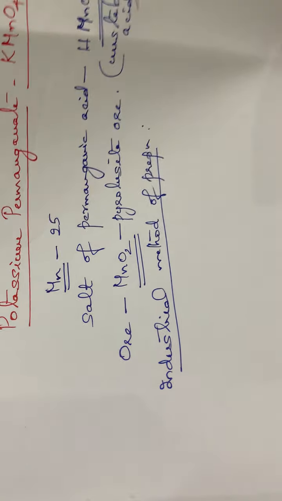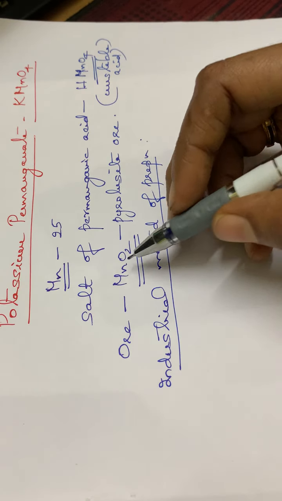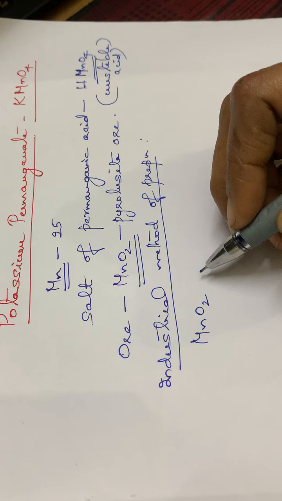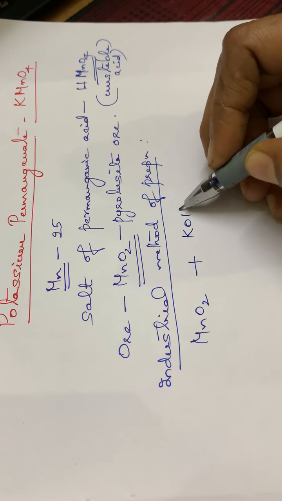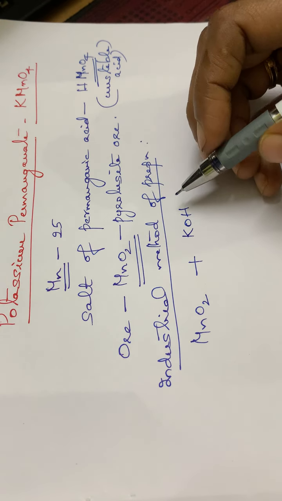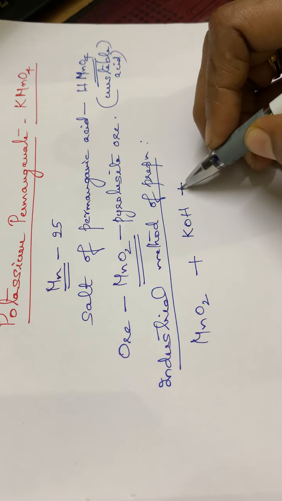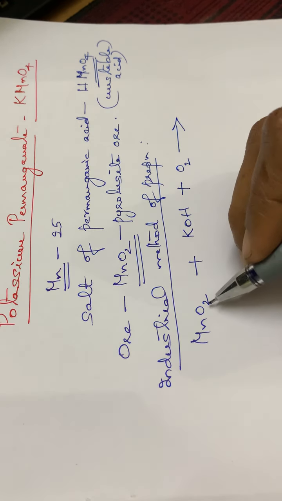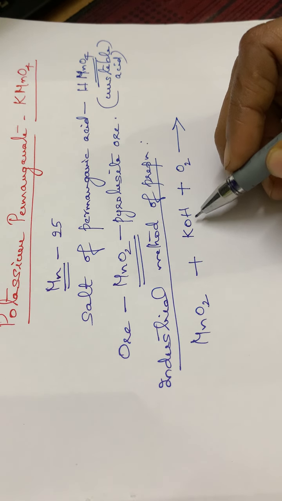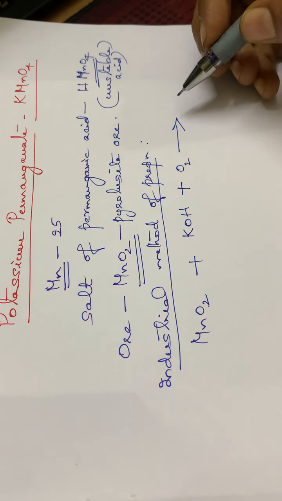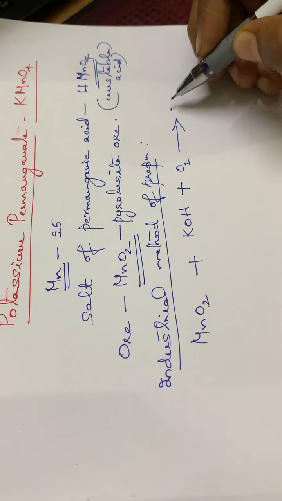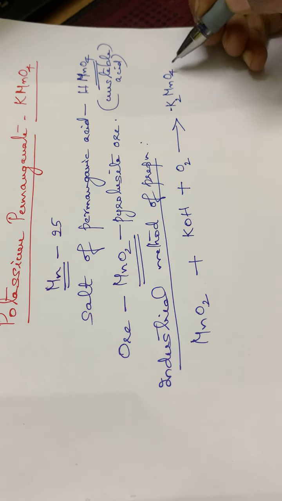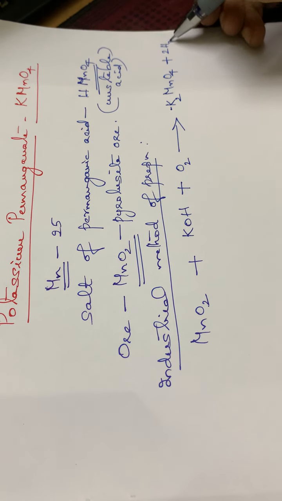In the industrial method, the pyrolusite ore, that is MnO2, manganese dioxide, is fused with potassium hydroxide in the presence of air, that means in the presence of oxygen, to give potassium manganate, K2MnO4, plus 2 molecules of H2O.